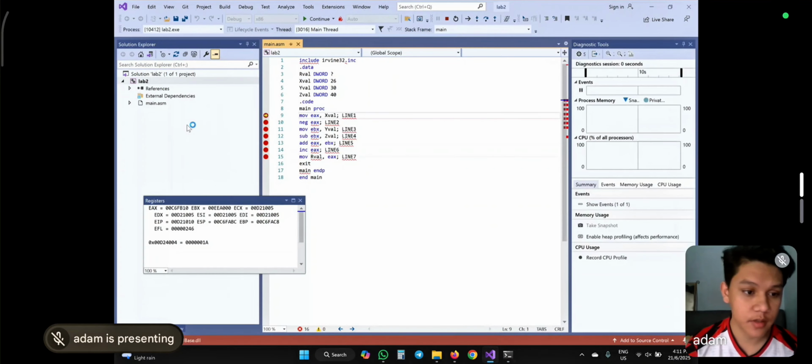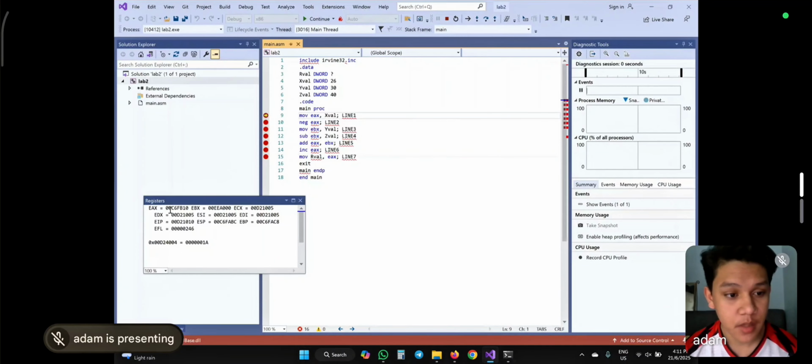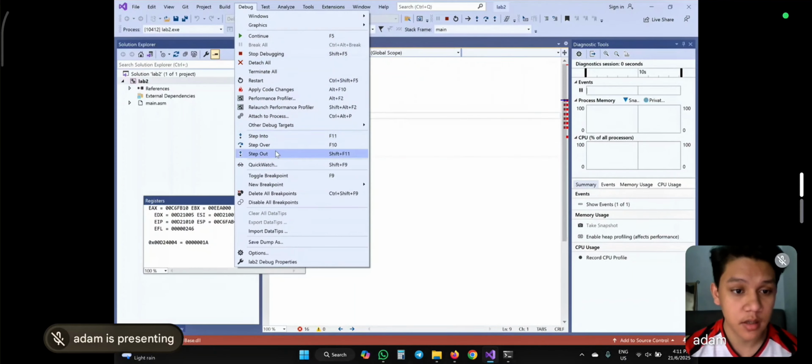Okay, here the registers appeared, and you can see EAX here is 00C6FB10, right? Because we haven't executed line 1 yet. We are going to execute line 1 after we step over. So what will happen when we execute line 1? Let's see.